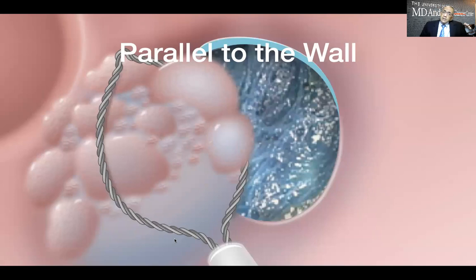And keep the snare parallel to the wall. That is very important, especially if a lesion is going over a fold. You want to cut the front half, the top half, and the other half in that order rather than trying to cut across, in which case you will end up with a perforation.